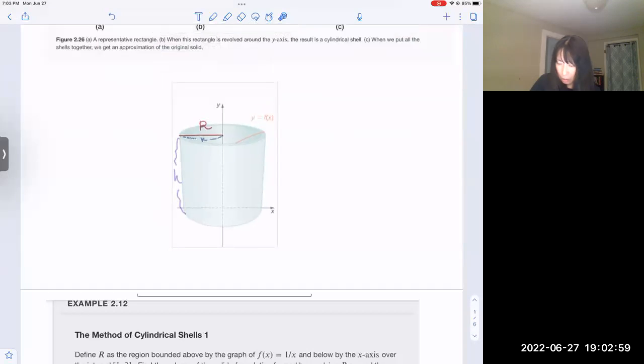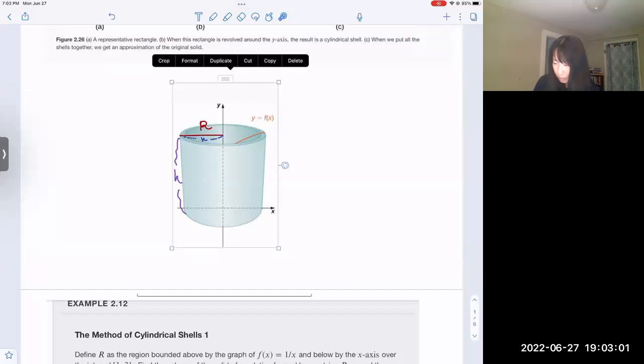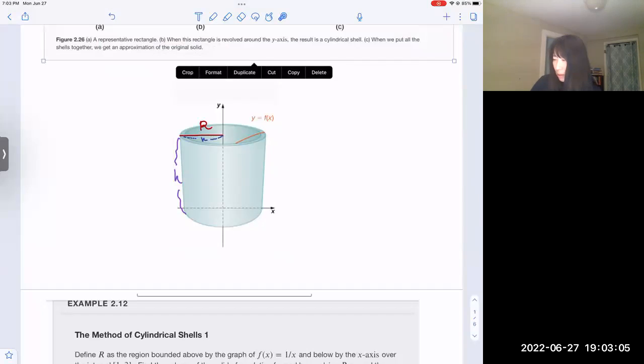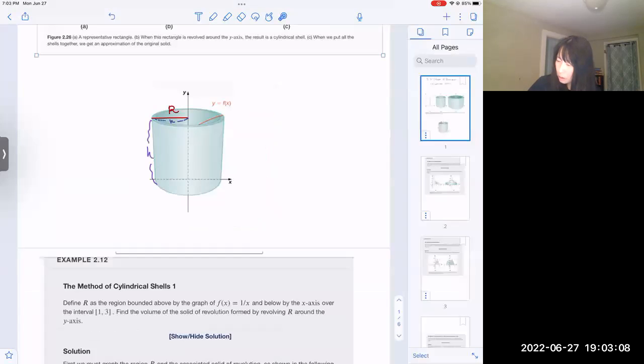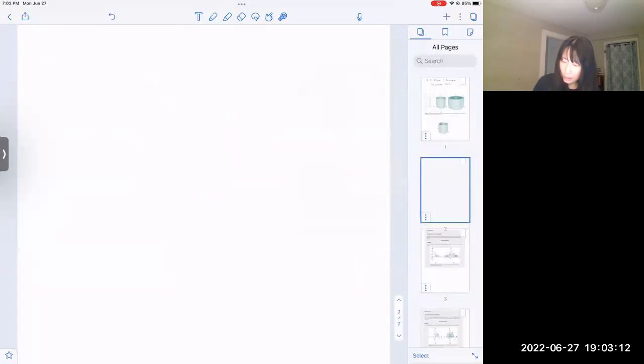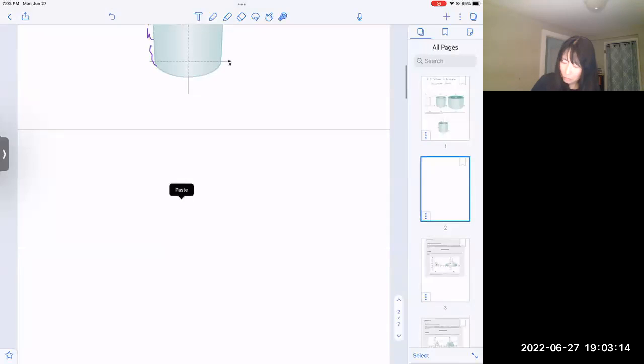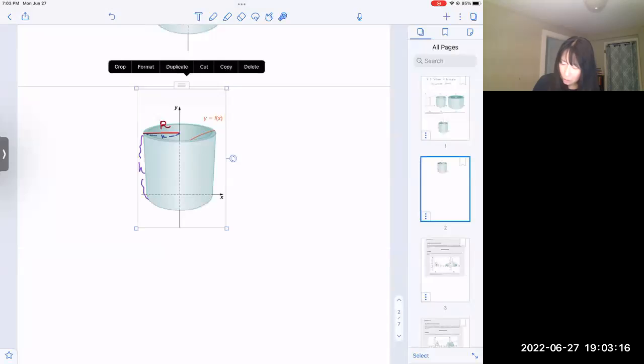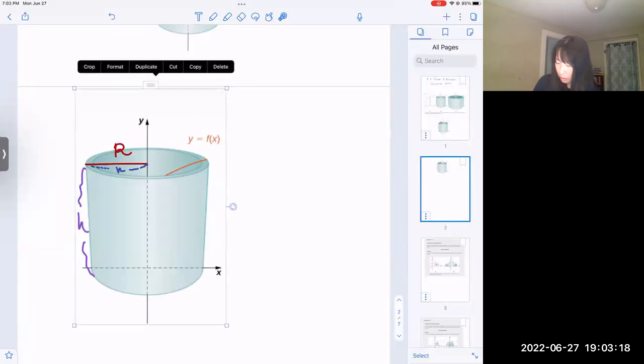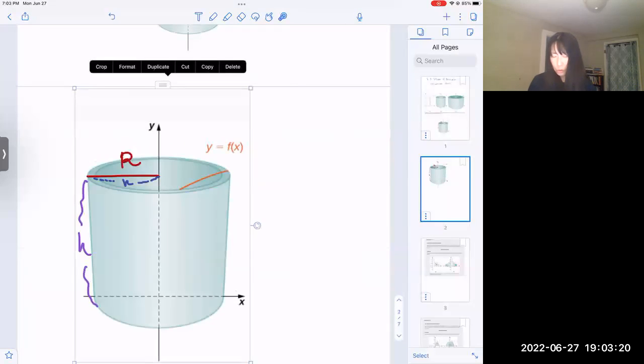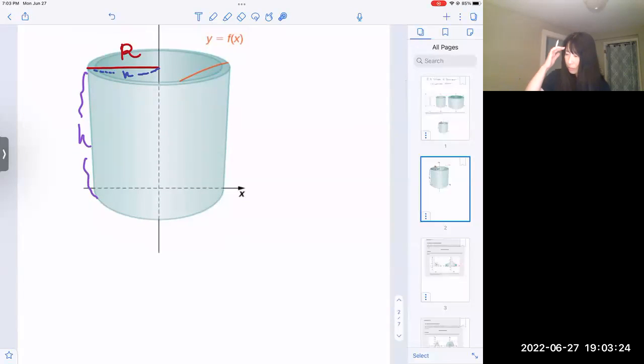Okay, now probably I want to do next page. Let me cut the other one later on since we don't have time. All right, so volume of shells.